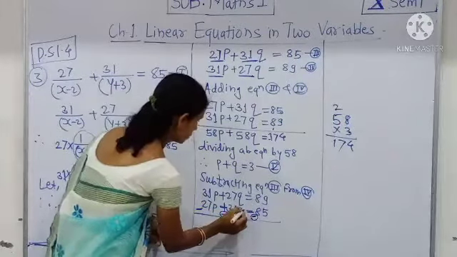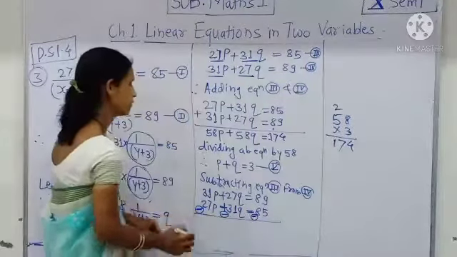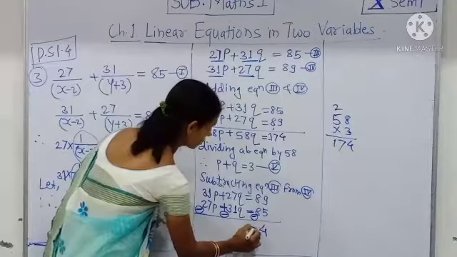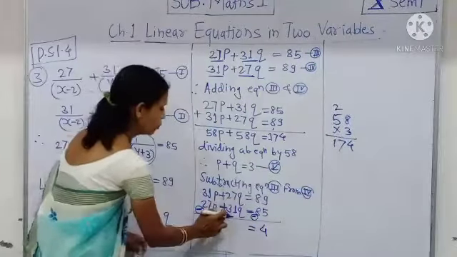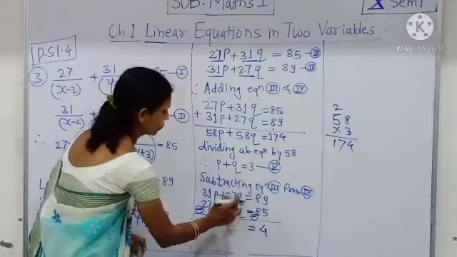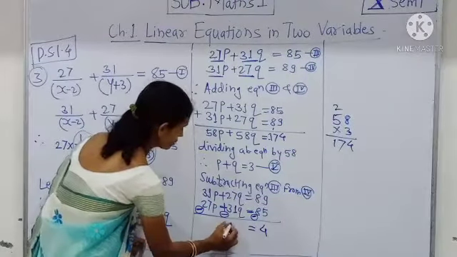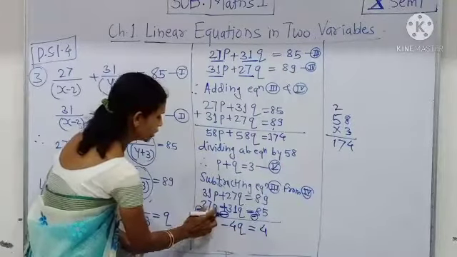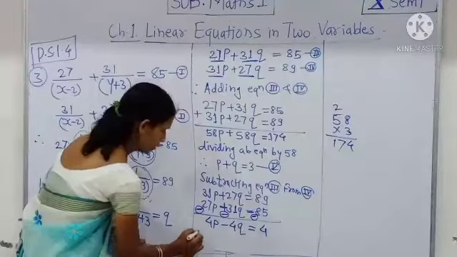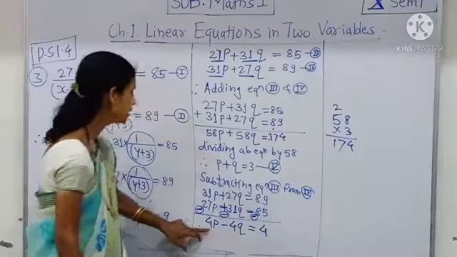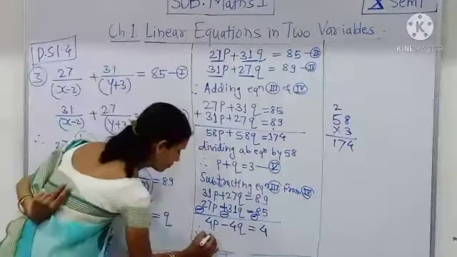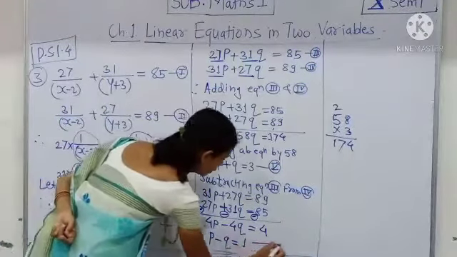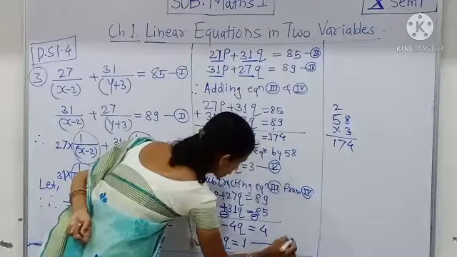Then see here, simplifying this equation, 89 minus 85, that is 4. 27q minus 31q, that is minus 4q, and 31p minus 27p, that is 4p. Then dividing this equation by 4, we get p minus q is equals to 1. Let this be equation number 6.